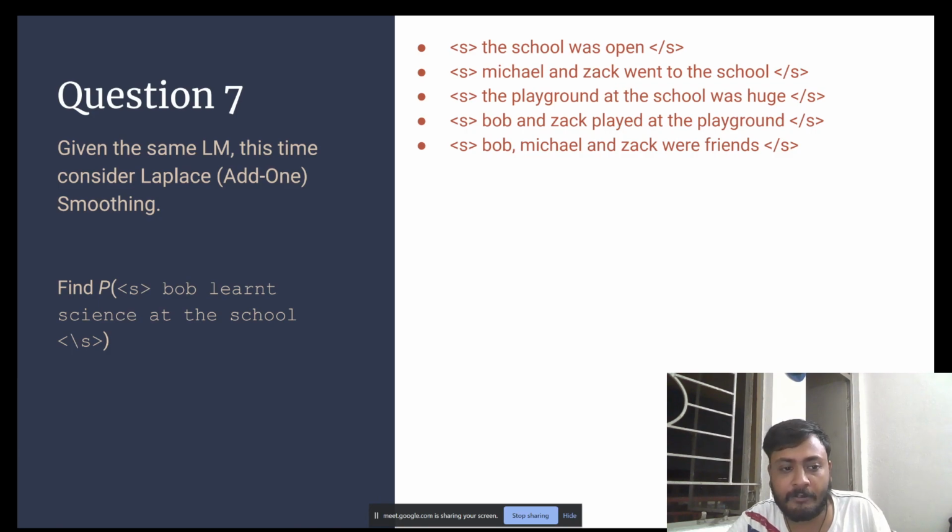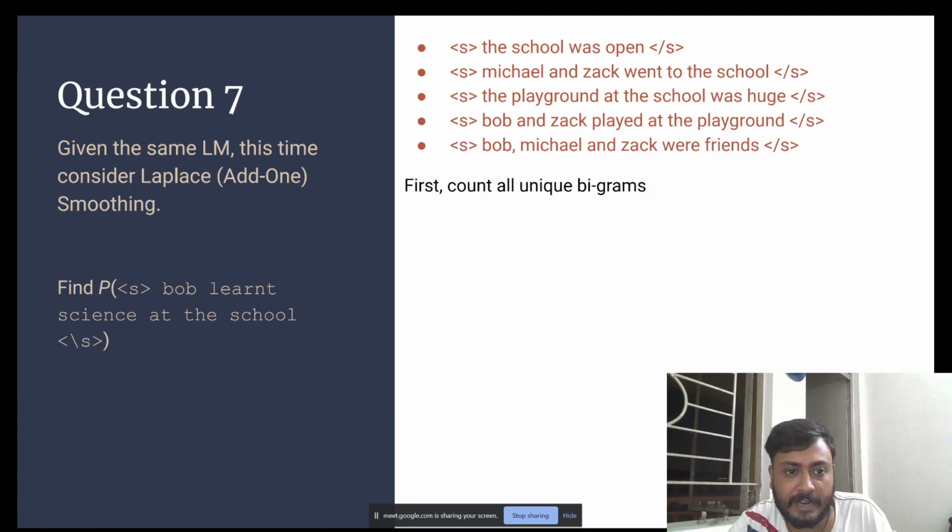For doing Laplace smoothing, you need to find out the vocabulary size. I hope you know that. So what is the vocabulary over here? Vocabulary is the number of unique bigrams. Because this is a trigram model, you will have to count the number of unique bigrams for finding the vocabulary size, which will be added for normalizing.